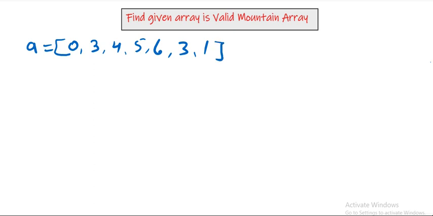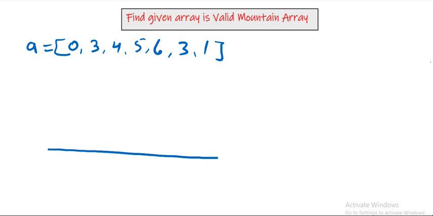Suppose I have an array whose elements are 0 3 4 5 6 3, and let's say 1. Based on the array we need to make the mountain. So let's say this is the graph.